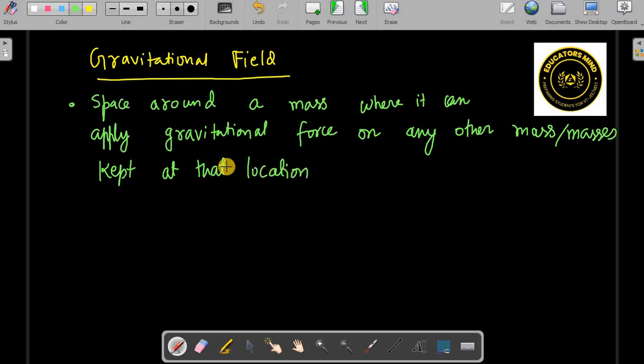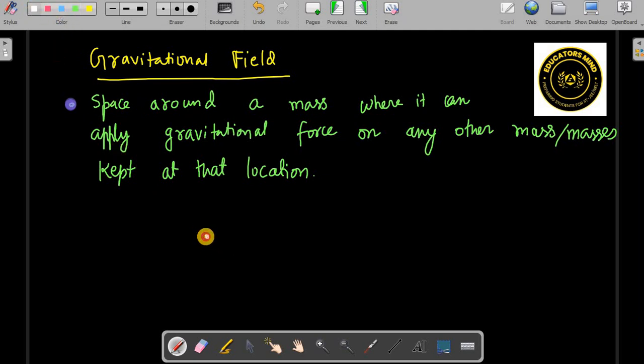So basically you can say that it is the zone of influence. Zone of influence means the zone or the area or the space around the object where it can apply force.